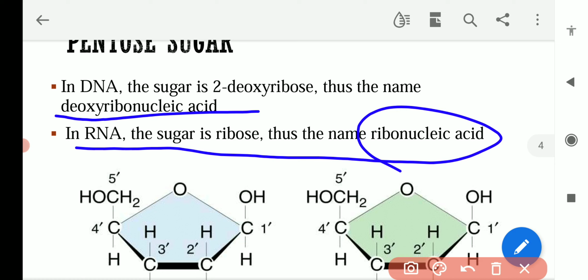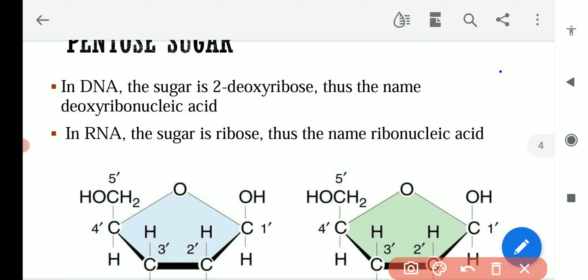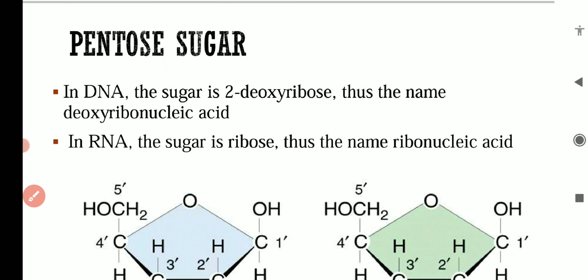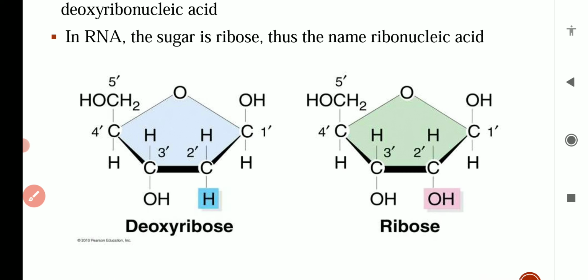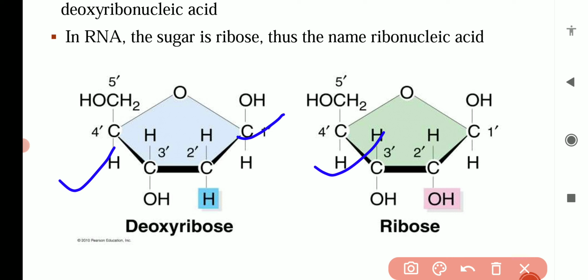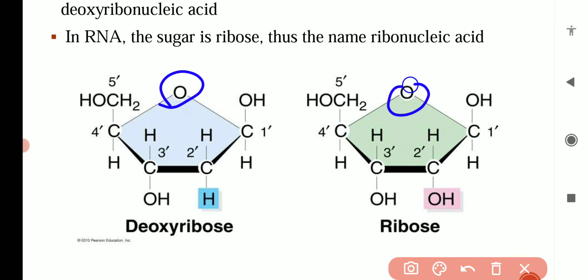The sugar molecule is the same kind, that is pentose sugar. But in case of DNA, it is 2-deoxyribose. If you see the image in detail, both sugars are pentose sugars, having carbon number 1, 2, 3, 4 and 5, likewise here carbon number 1, 2, 3, 4 and 5, and in the center an oxygen molecule is present.